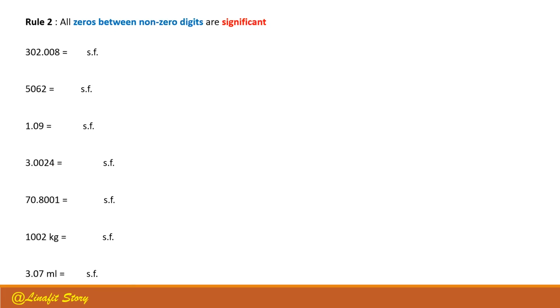The second rule, all zeros between non-zero digits are significant. For example, over here, 302.008.